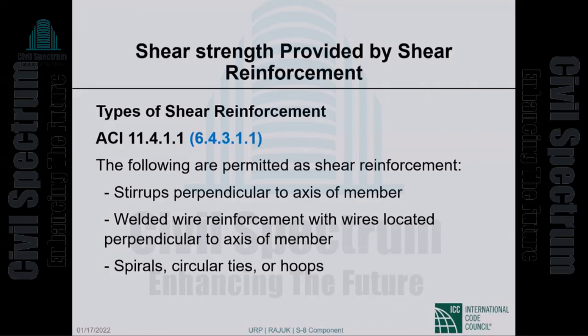Stirrups perpendicular to axis of member, by far the most common. Welded wire reinforcement, what we used to call welded wire fabric, with wires located perpendicular to axis of member. I do not know if this usage is common in Bangladesh. Here it is not uncommon.